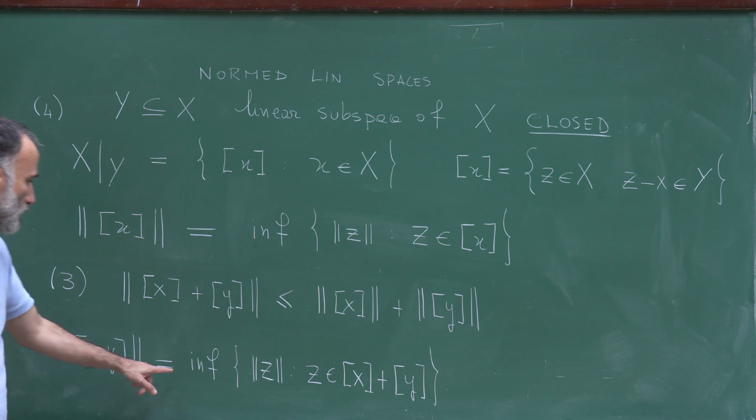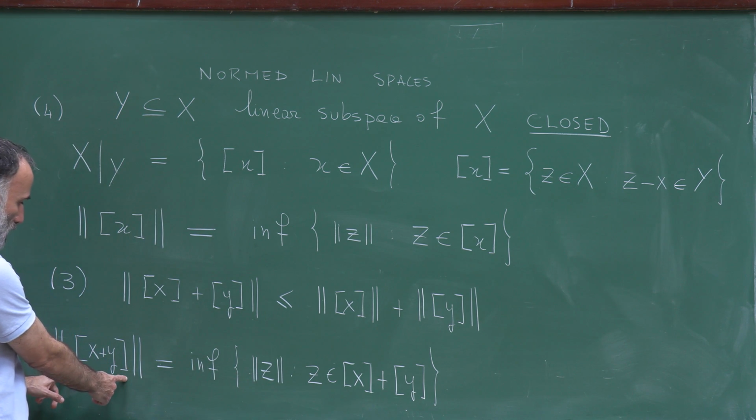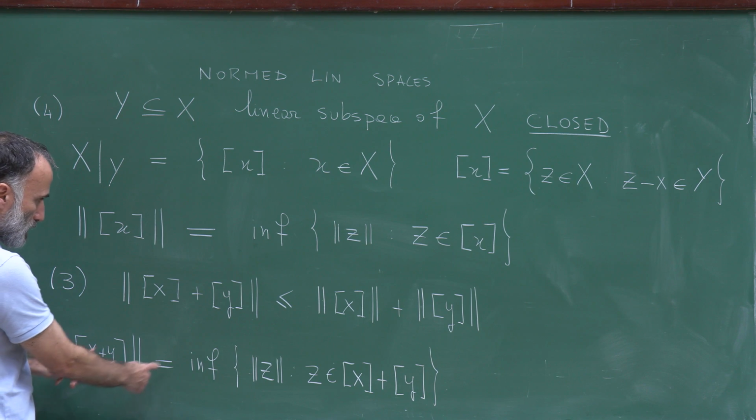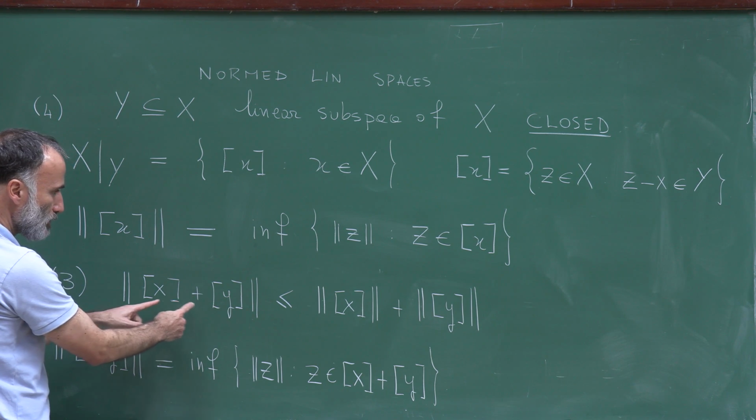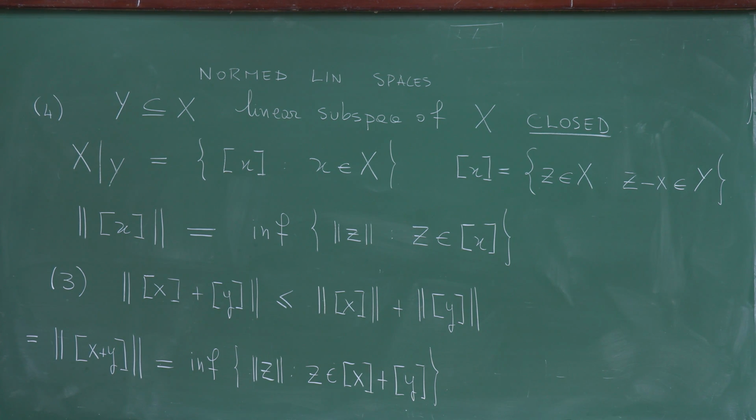Right? I did two steps here. I first have that z belongs to the equivalence class of x plus y, but the equivalence class of x plus y is the equivalence class of x plus the equivalence class of y, and this is what I wrote.